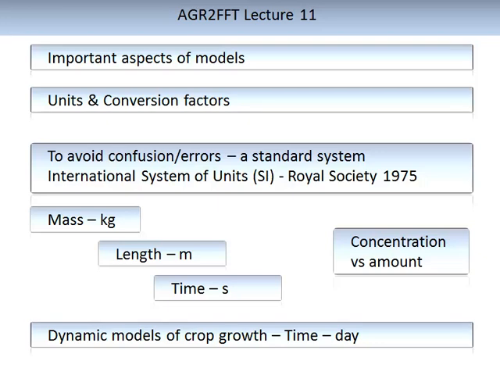What I mean by this is dynamic models of crop growth may be a change in growth over time, such as a day. So your unit becomes kilograms of growth per day. It is important that you enter your units correctly, that you follow them through the system correctly, and that if you convert them, you understand the conversion that has occurred and that no error has been made.